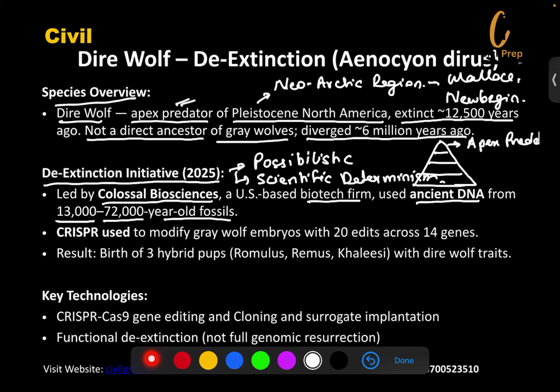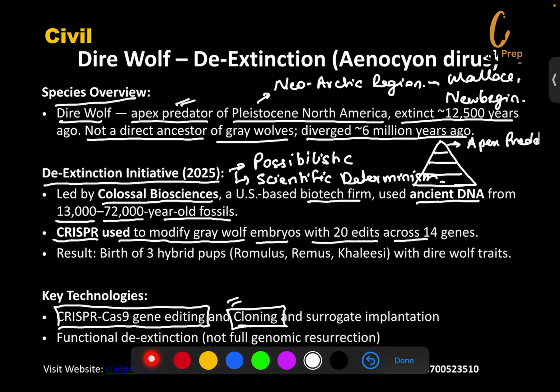The technology used here is CRISPR-Cas9 gene editing and cloning. This was used to modify the grey wolf embryos with 20 edits across 14 genes, because of which it was possible to change the genes of the mother embryo, through which the new pups have been born.